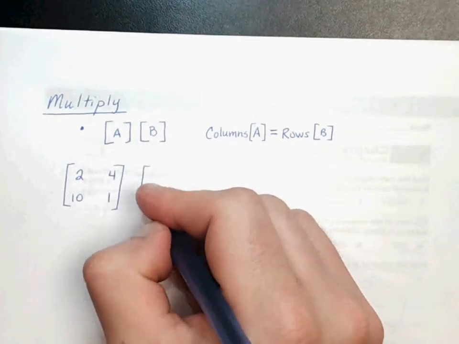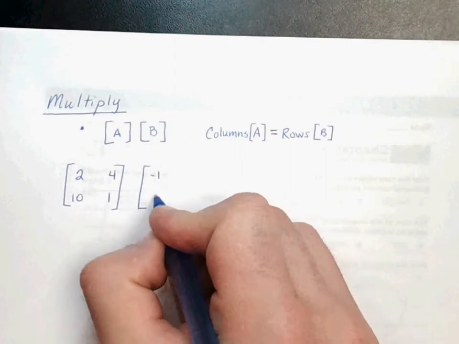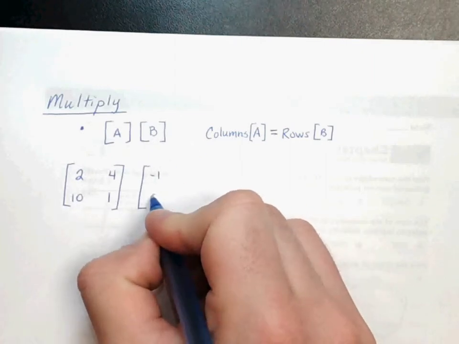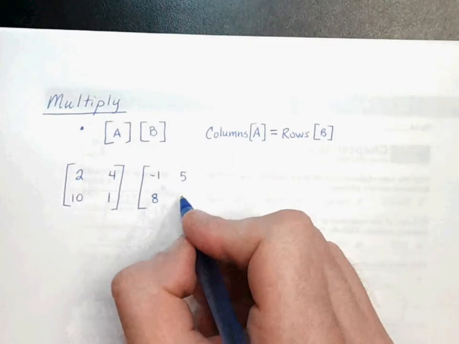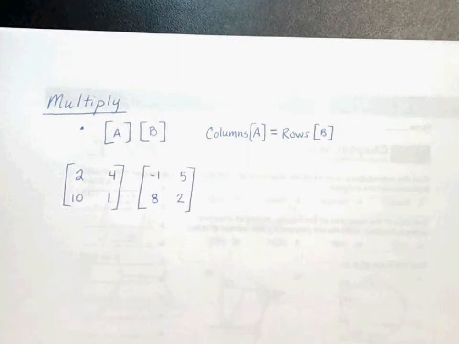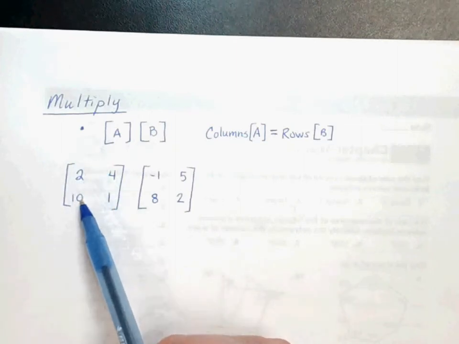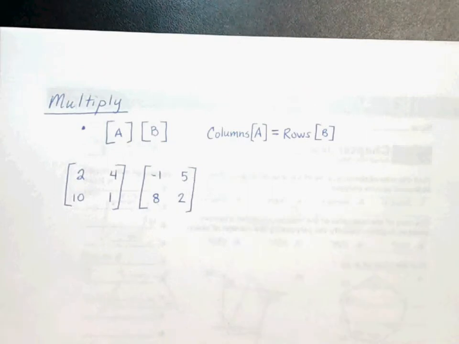And then times negative 1, 8, 5, 2. Okay? So 2, 10, 4, 1, negative 1, 8, 5, 2. Okay, we've got these two matrices.